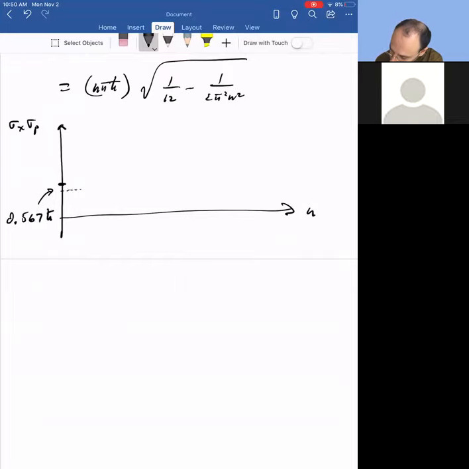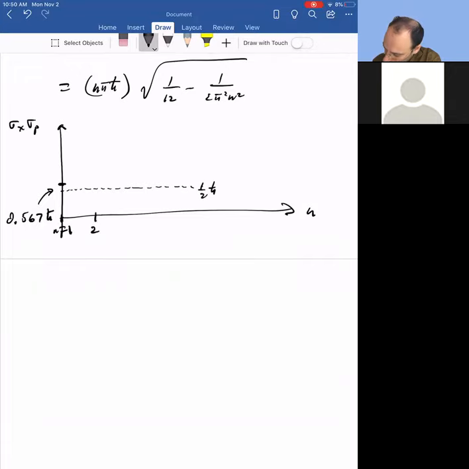So here's the Heisenberg limit, 1/2 h bar. And for the first mode, this gets closest to the Heisenberg limit. So this is n equals 1.